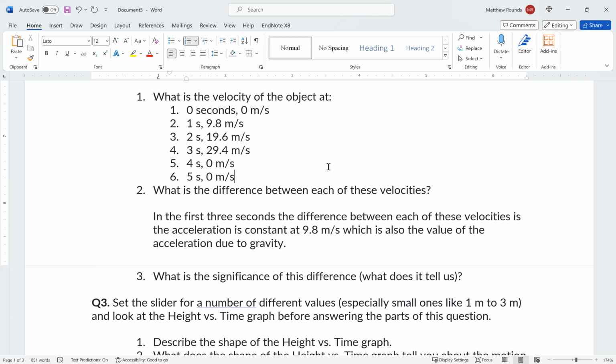In the picture, it goes up and then it just drops. Okay, we want to say that between 3 and 4 seconds, the object hits the ground, so it's no longer moving.